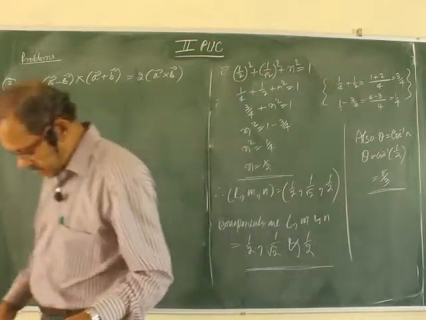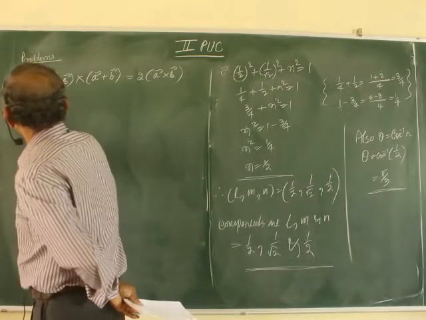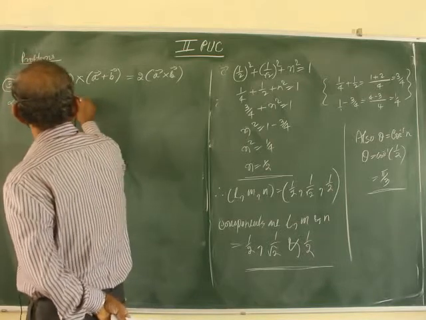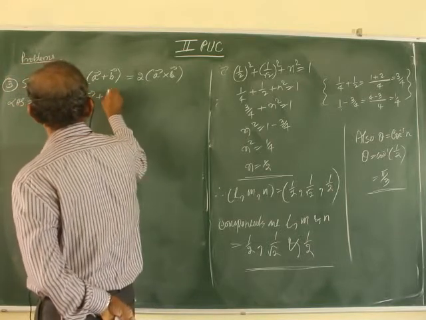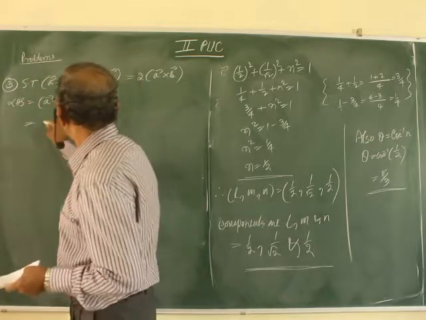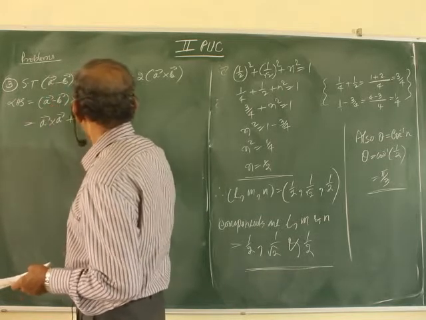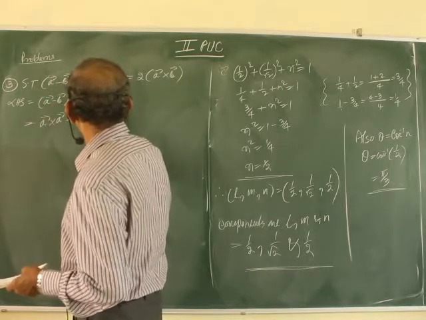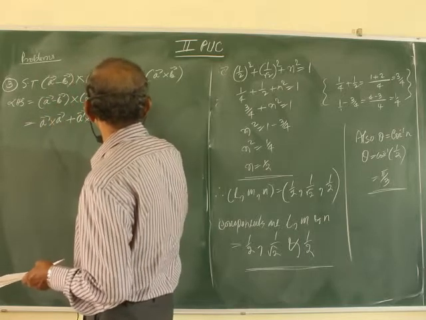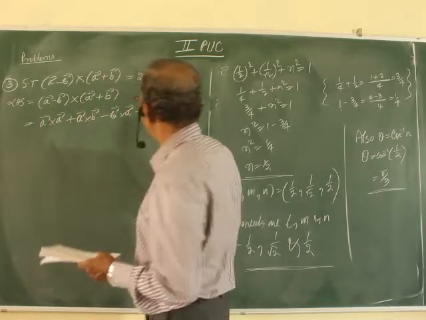Left hand side equal to A minus B cross A plus B. A cross A, plus A cross B, minus B cross A, minus B cross B.